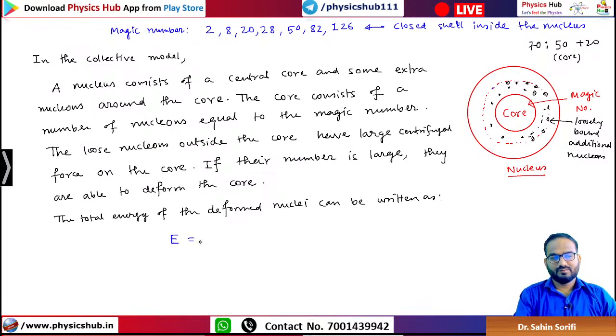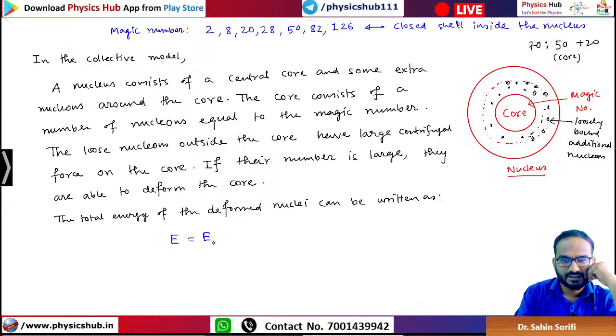It will have three components. Firstly, energy due to the extra nucleons, En, plus energy due to the vibrational motion, plus energy due to the rotational motion.